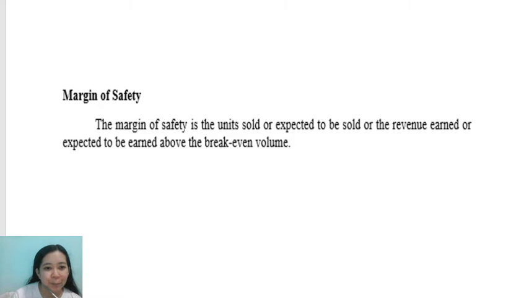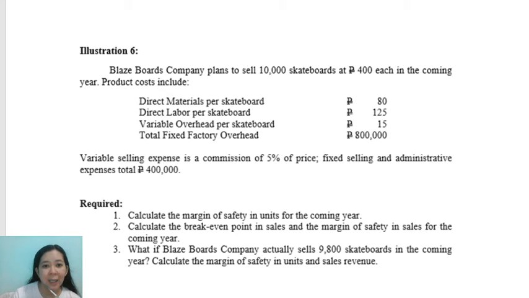Okay, to illustrate, we have here Blaze Boards Company, which plans to sell 10,000 skateboards. The same data actually from the previous illustrations. Our requirement number one: calculate the margin of safety in units for the coming year.